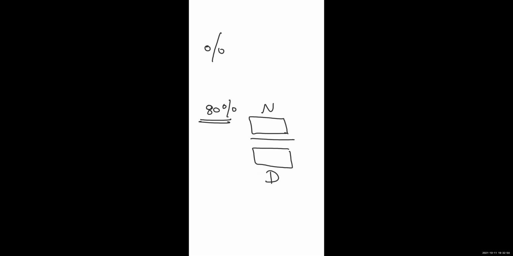Listen, a percentage means a ratio, and a ratio means a fraction. 80% is a ratio with a numerator and a denominator, and the second term is 100, so it's 80 over 100.